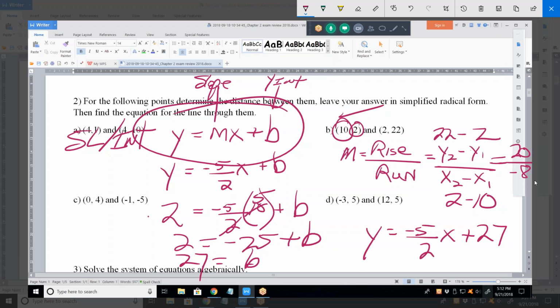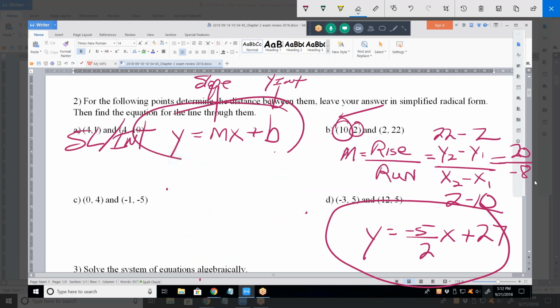The point slope method gives you this same answer. It may not look like it's the same answer, but it actually is. I'll show you. It's just not manipulated to the point. We had y minus 2 equals minus 5 halves times x minus 10, right? What I'm saying is those are the same two equations.